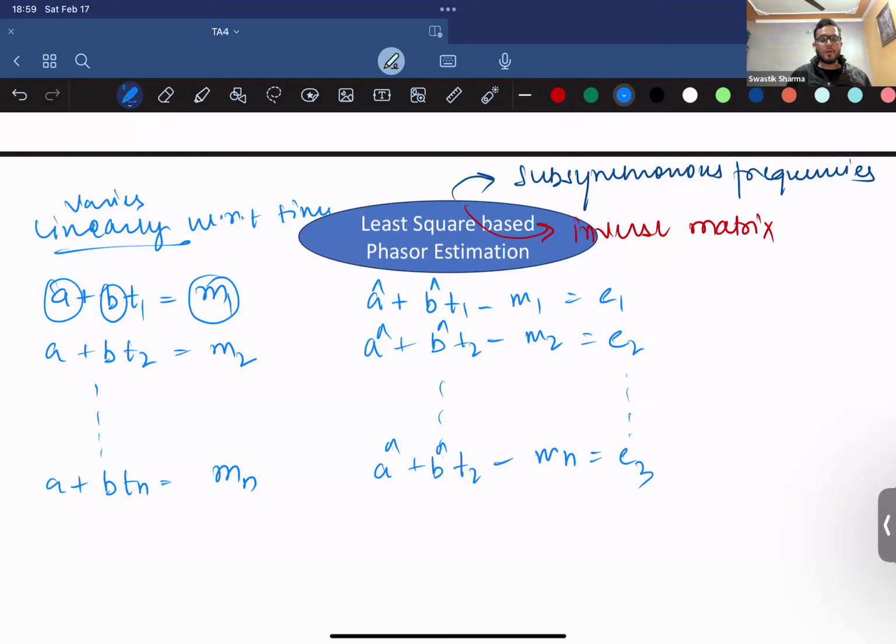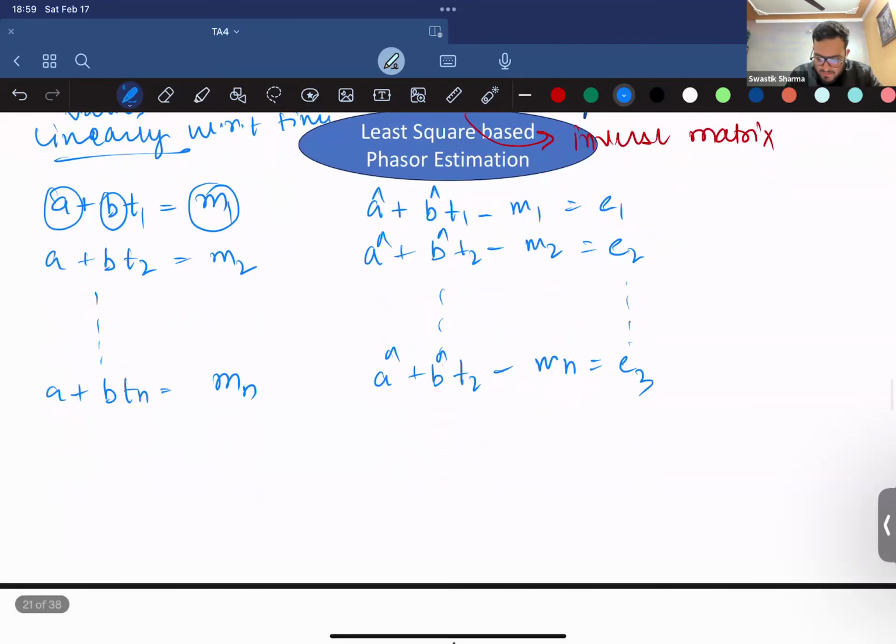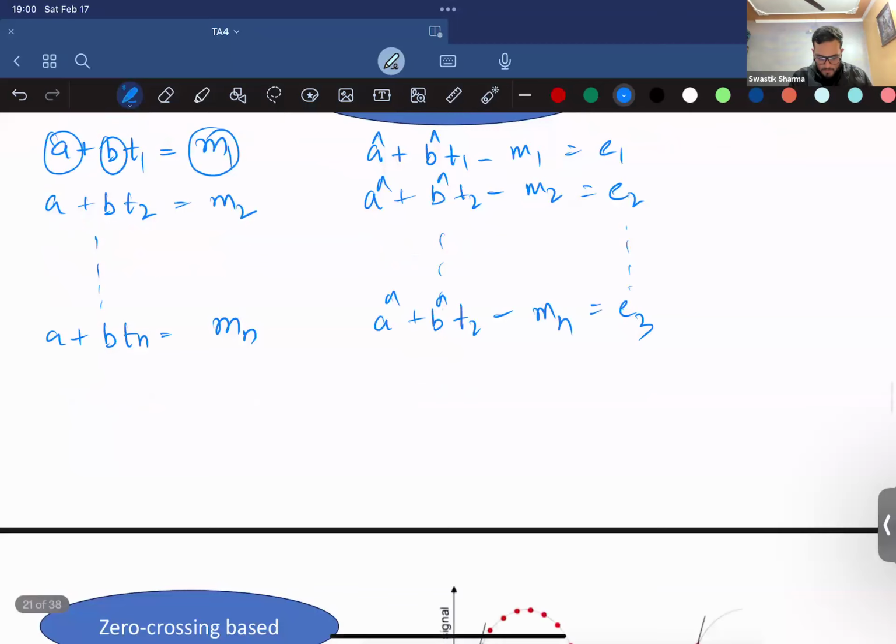But it's healthy to calculate the error, so that if the error is not very high, you can always use the estimated values of those parameters to calculate your measurements.